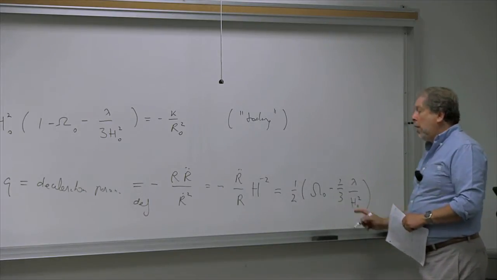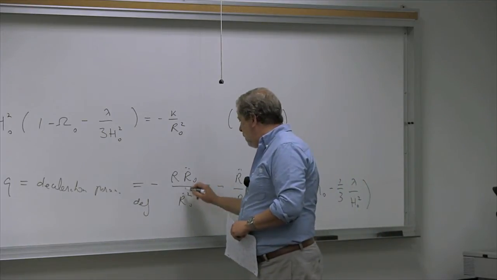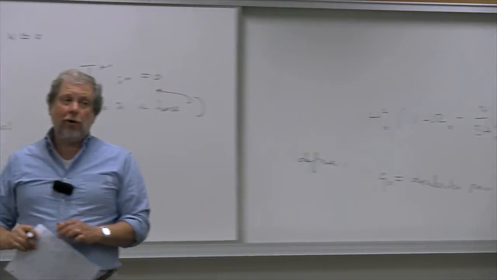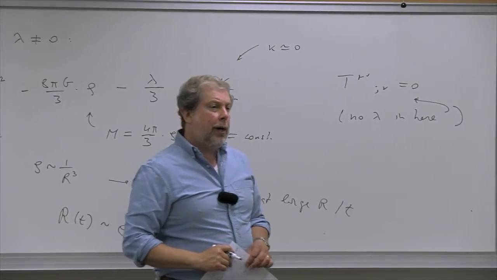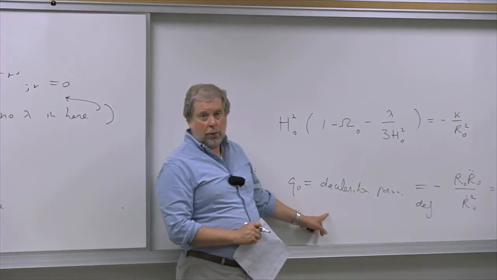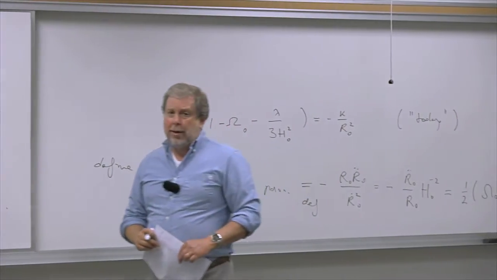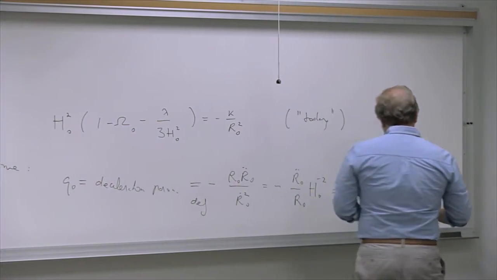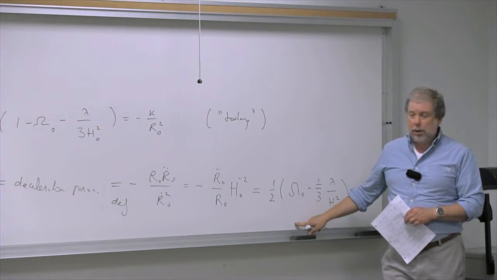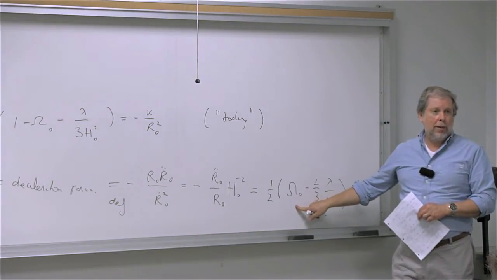And well, when I put a naught here, I mean that today, right? It could be at some other time, but this q, again, has no intention of being constant in general, right? So it will be varying with time, but nevertheless, we can talk about the deceleration parameter as we observe it today, and it is defined precisely by this ratio, and that ratio is also given by this expression, which means that if we measure the deceleration parameter very accurately, then that will give us a handle on the matter fraction, which is this omega, right?